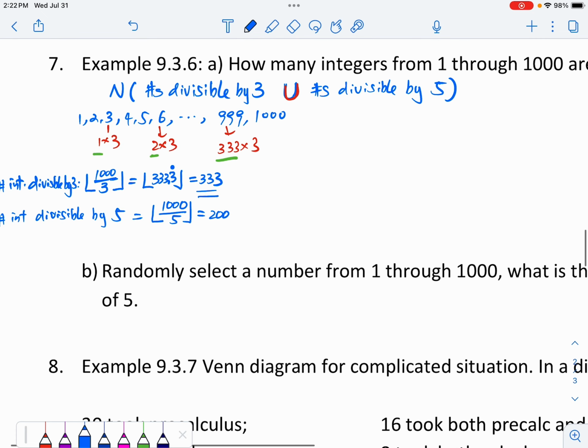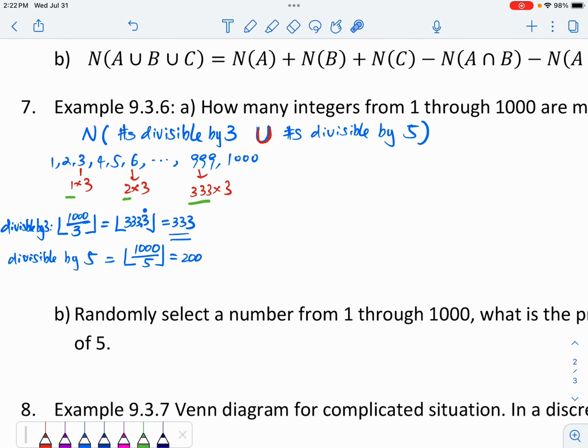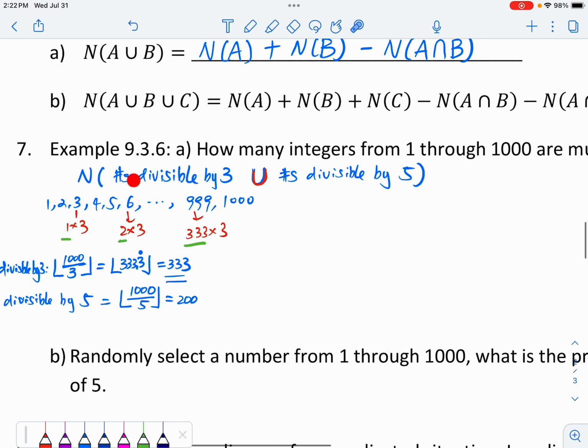Now we have to count the number of elements in the union of these sets, right? So we have to subtract the intersection. The intersection of the numbers divisible by 3 and at the same time divisible by 5, those are the numbers that are divisible by 15.